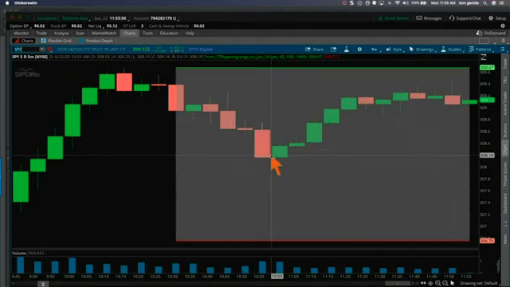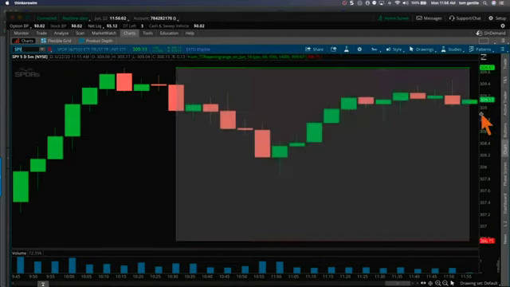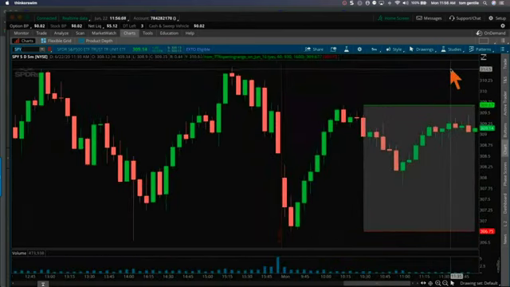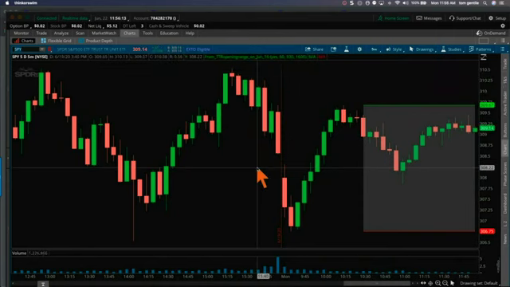Now, SPY has call options that expire today, so it's a very small risk. And if you bought the 309 calls and the market went to 310.50, that would be a great place to take profits. Okay, so just wanted to show you real quick what that would look like today.